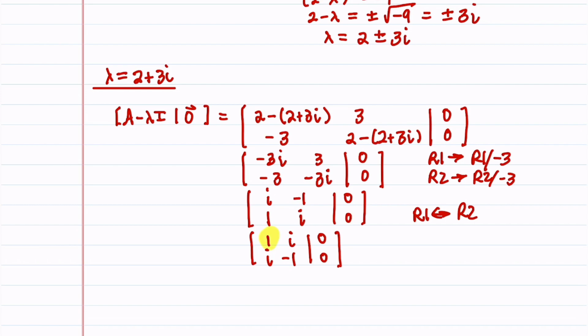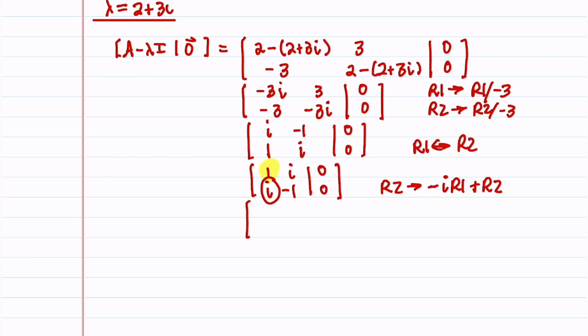We'll work off this pivot, and then we have to get the i to be a 0. So we're going to multiply row 1 by minus i and add it to row 2. So row 2 is going to be replaced with minus i row 1 plus row 2.